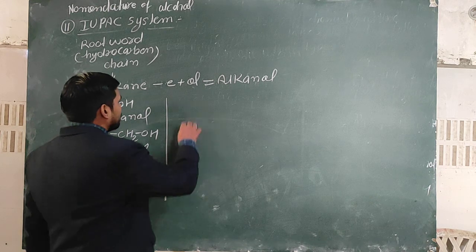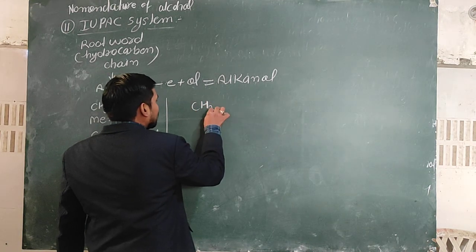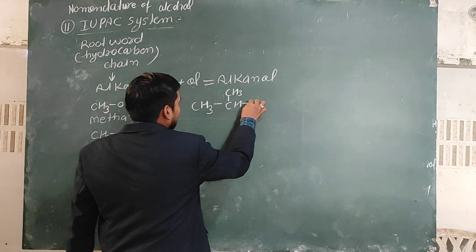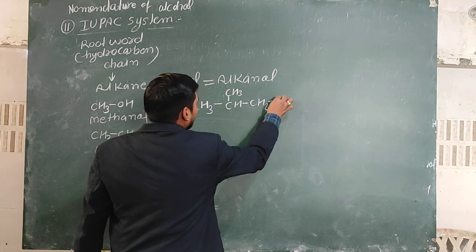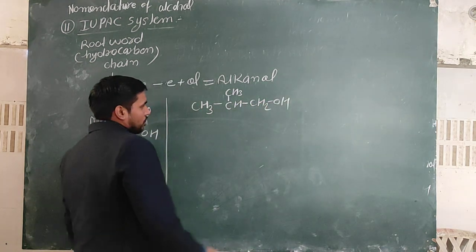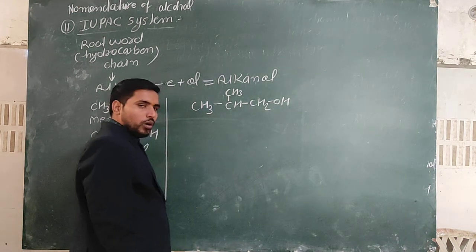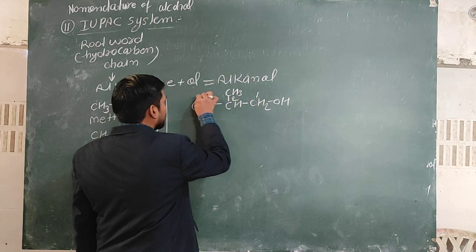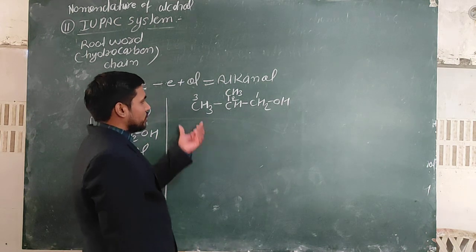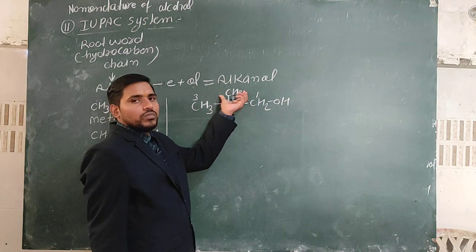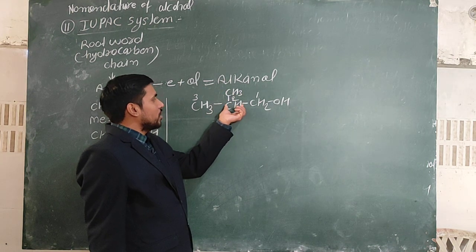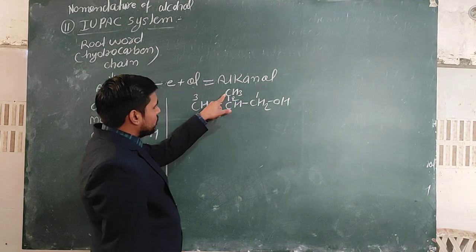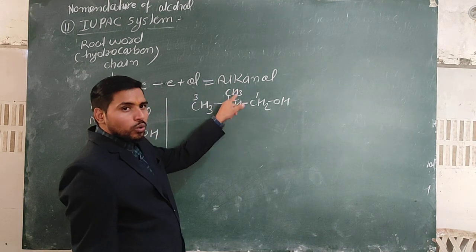You can see here, suppose CH3CH(CH3)CH2OH. Firstly we count the longest chain of hydrocarbon: 1, 2, 3. In this situation, a methyl group is attached to the second carbon atom, and this side chain is also known as a locant.